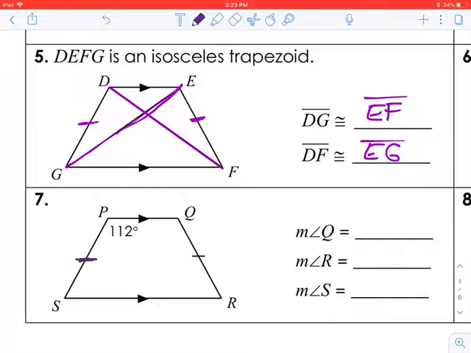Again, this is isosceles, and if this is 112, the base angles are congruent, so this is also 112 degrees. And if that's 112, these two are supplementary to 112, right? So 180 minus 112 is going to give me 68. So I just subtract from 180 and get the other two measures.